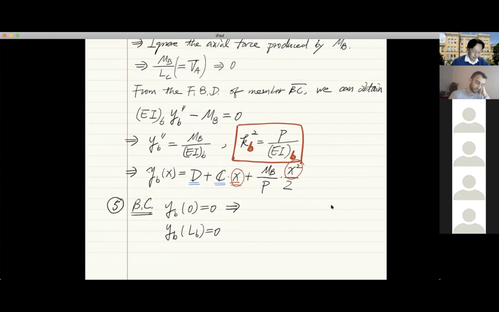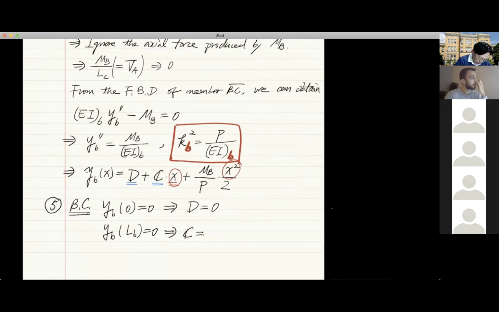What can we get by using YB of 0? Yes. D equals 0? Yes. So please, I know it may be obvious to some of you, but to others, please do not couple all these results together. You need to know which result gives you what. So for the first one, we get D equals 0, and the second one, we get coefficient C.